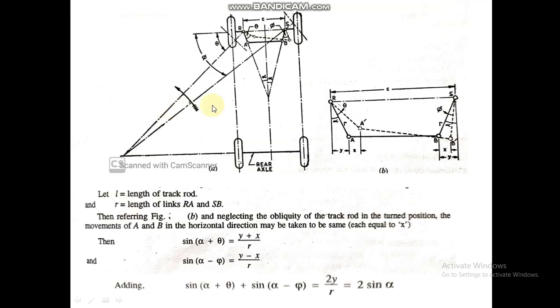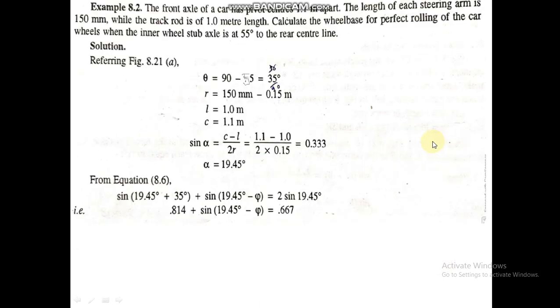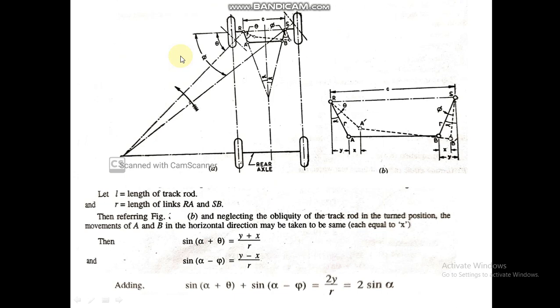So your steering arm, that is RA, this length small r, and SB small r, is given as 150 mm. You convert it into meters. While track rod is of 1 meter length, so this AB track rod is of 1 meter length.